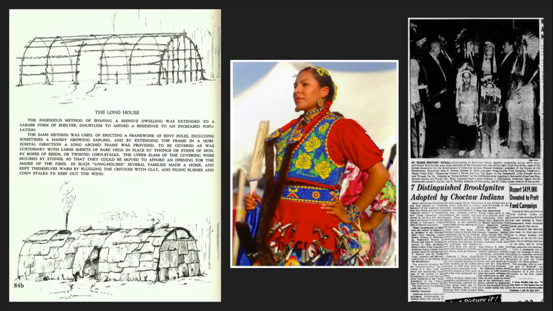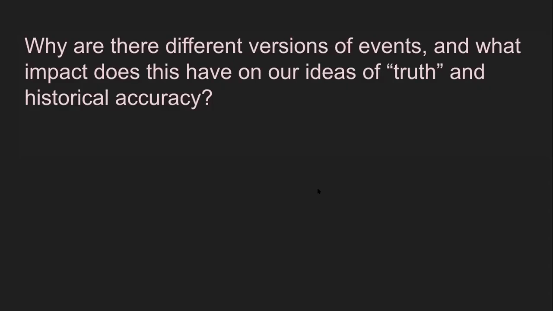So we're skipping that part of the activity, the second kind of talking with someone else about the answers that they found for their source. But what we would do to then wrap up our activity is think about this final question of why are there different versions of events, and what impact does this have on our ideas of truth and historical accuracy?